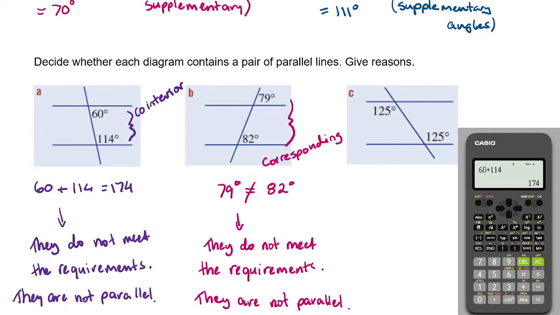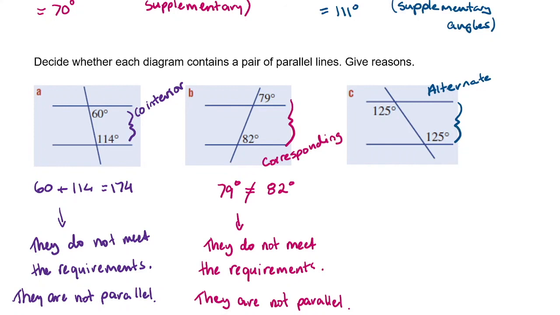Now we have alternate angles. These guys are alternate angles. I'll just get the calculator out of the way again. Alternate angles need to be equal to each other as well. We've got 125 and 125. Are these guys equal?